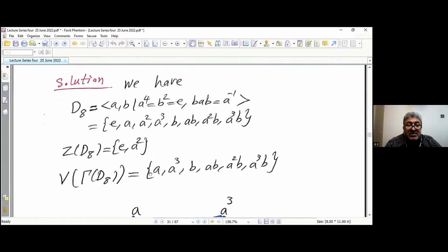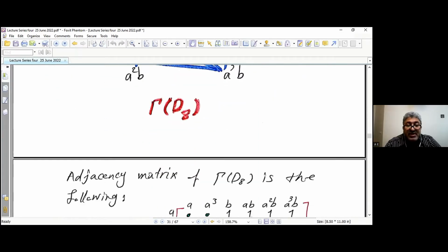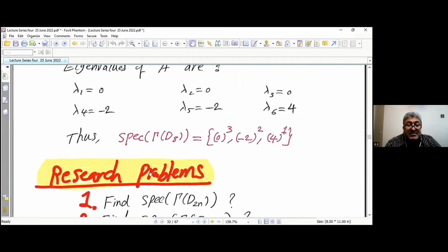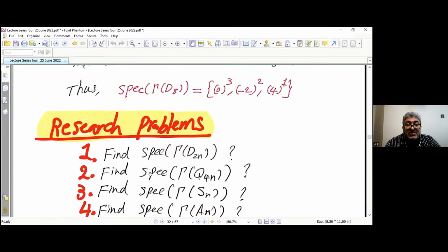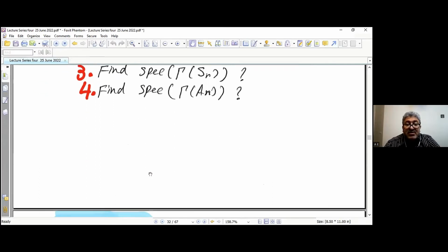Now, this is the adjacency matrix for the dihedral group of order 8. And that's some research problem for the spectrum of the non-commuting graph of the dihedral group in the general case, or the generalized quaternion group, symmetric group, and alternating group.